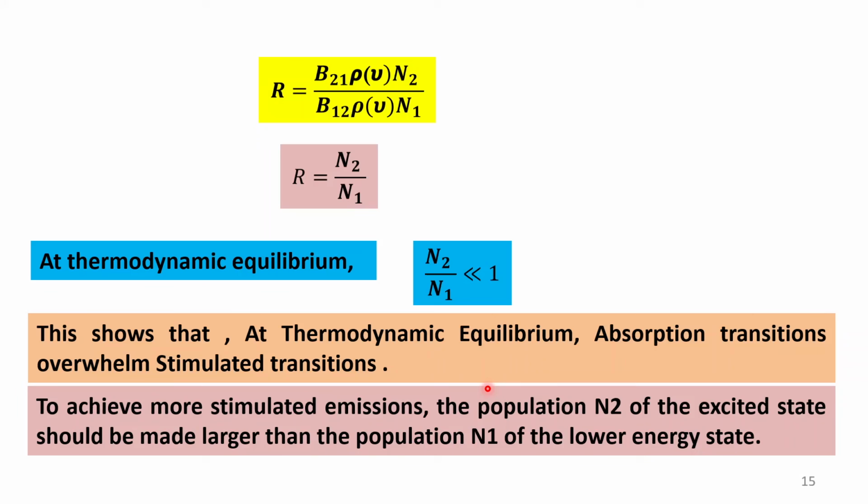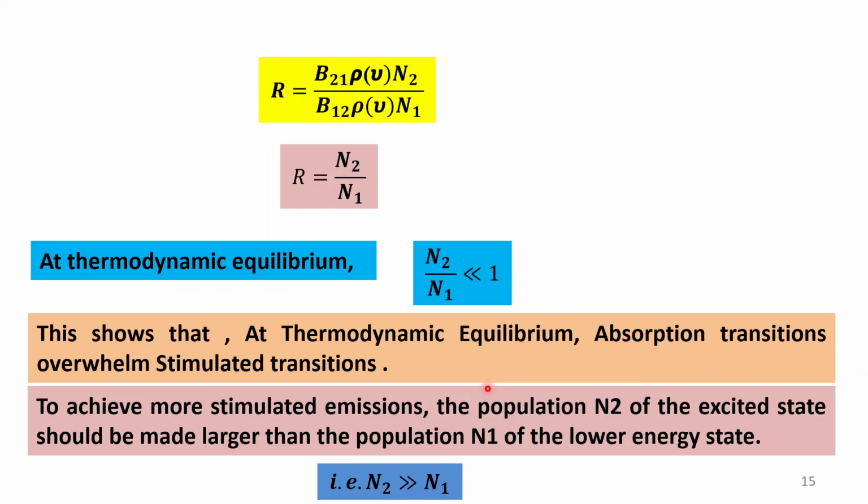But for the lasing action, it needs the stimulated transitions to be greater than the absorption transition. Therefore, to achieve more stimulated emission, the population N2 of the excited state should be made larger than the population N1 of the lower energy state. That is, N2 should be greater than N1.